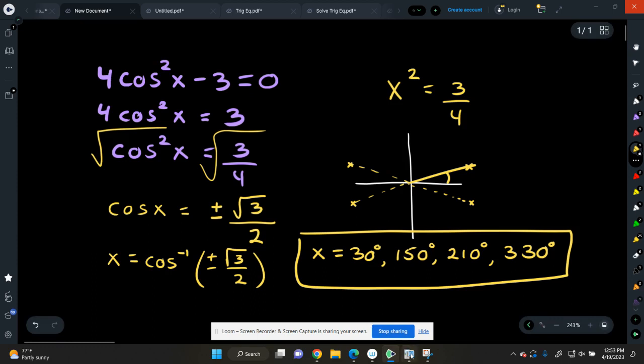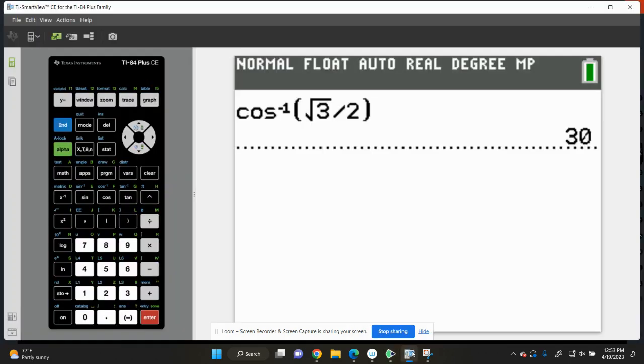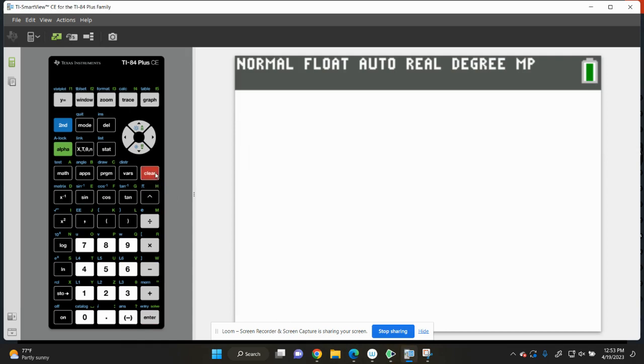If I graph it, I can also look and see what's going on. Let's put that in our y equals.